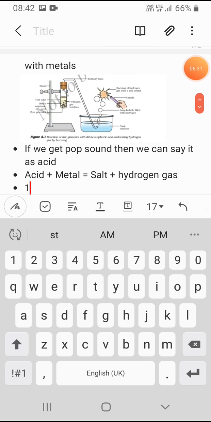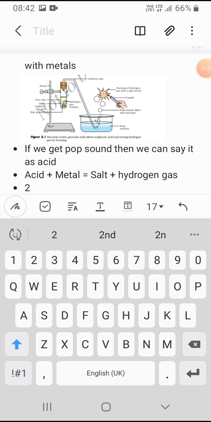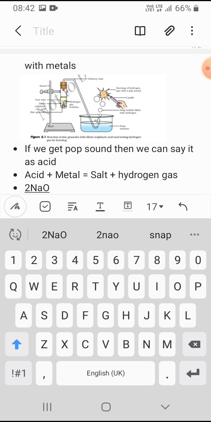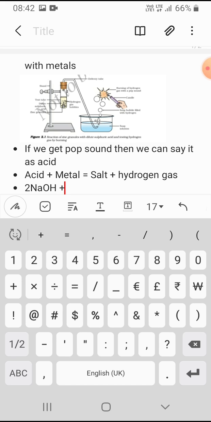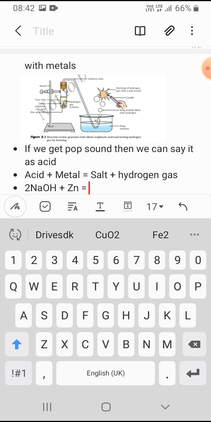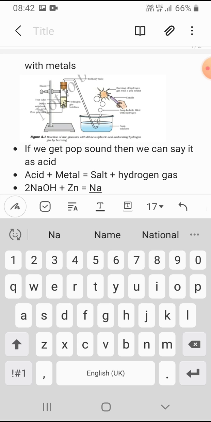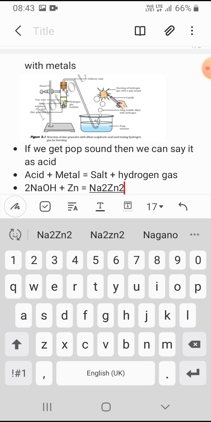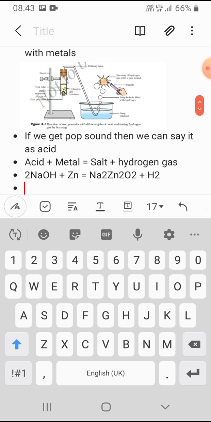Taking another reaction, they are taking 2 NaOH plus zinc, and it gives us Na2ZnO2 plus H2, sodium zincate and hydrogen.